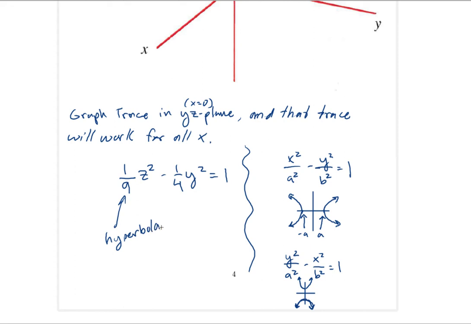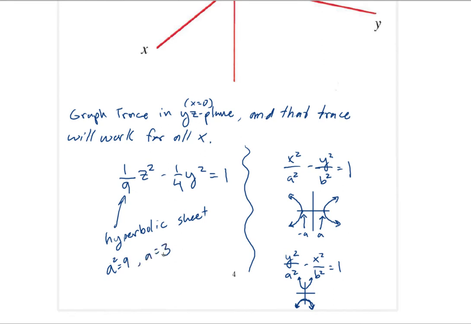Okay, but because we know it's a two-dimensional object and it is going to look the same no matter what the x is, we're going to take that hyperbola, and instead of saying it's a hyperbola, we're going to say it's a hyperbolic sheet. Okay, and we notice that a squared equals 9, so a equals 3.